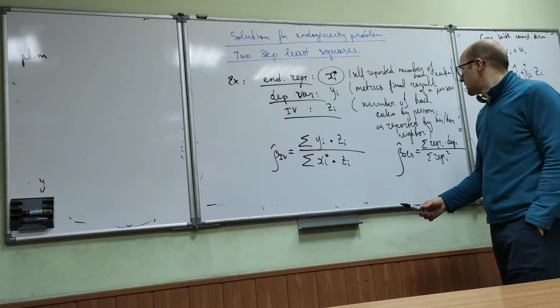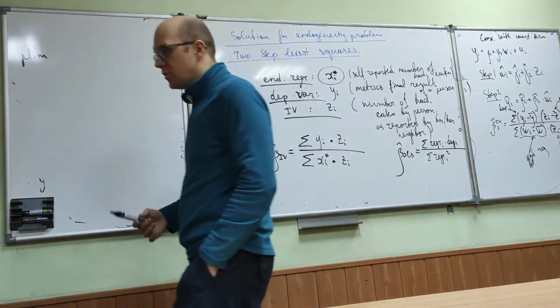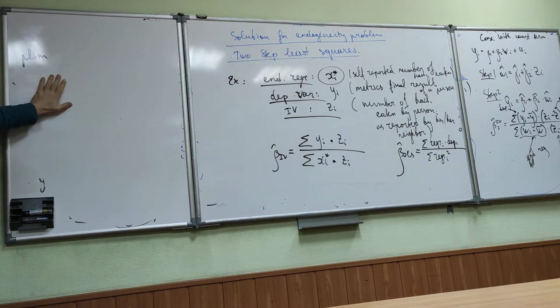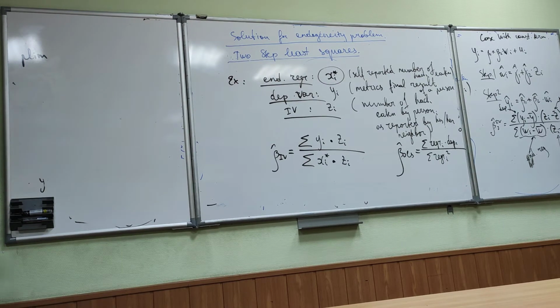In this case, the formula changes. We have three roles: dependent variable, regressor, and instrument.